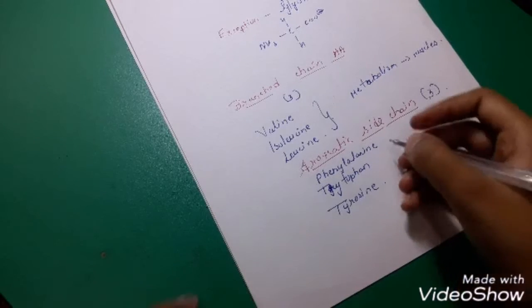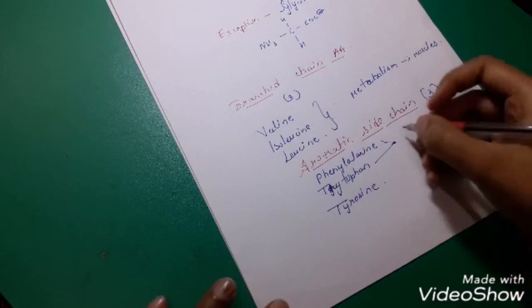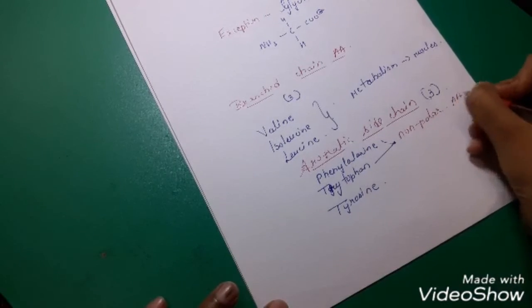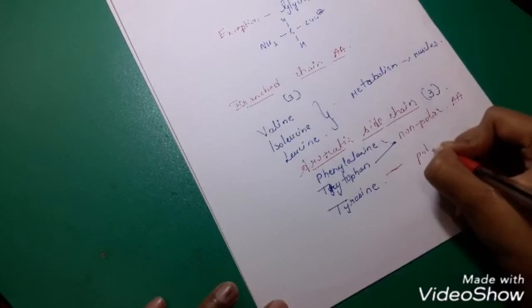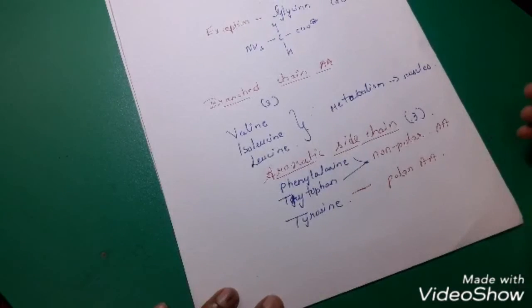So from this we have seen phenylalanine and tryptophan are non-polar. Okay, these are non-polar amino acids and tyrosine is the polar amino acid. You should remember this, which are polar, which are non-polar.